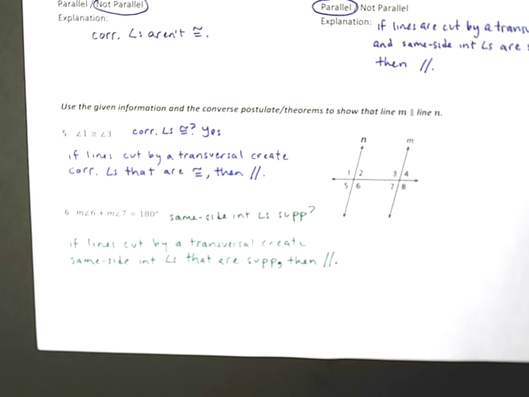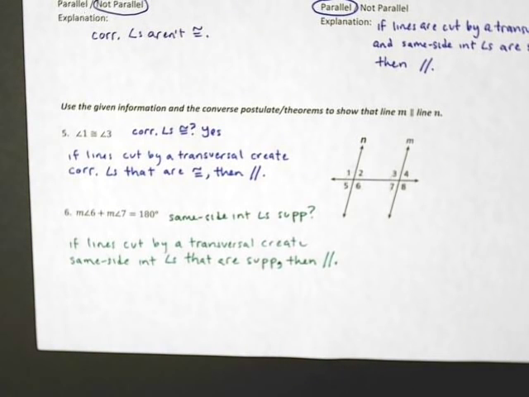Okay, so hopefully this concept isn't too bad. I don't want to say it's going to be easy, but I'm hoping at least that you see the connection from the last section, and that it's really just reversing the thought process. Instead of starting with parallel lines and getting to the angle pair relationships, you're starting with the angle pair relationships and proving that the lines are parallel.